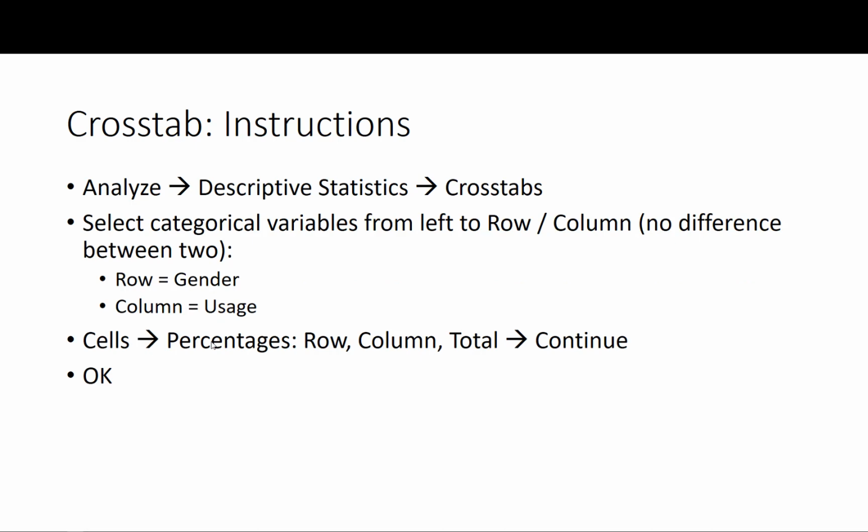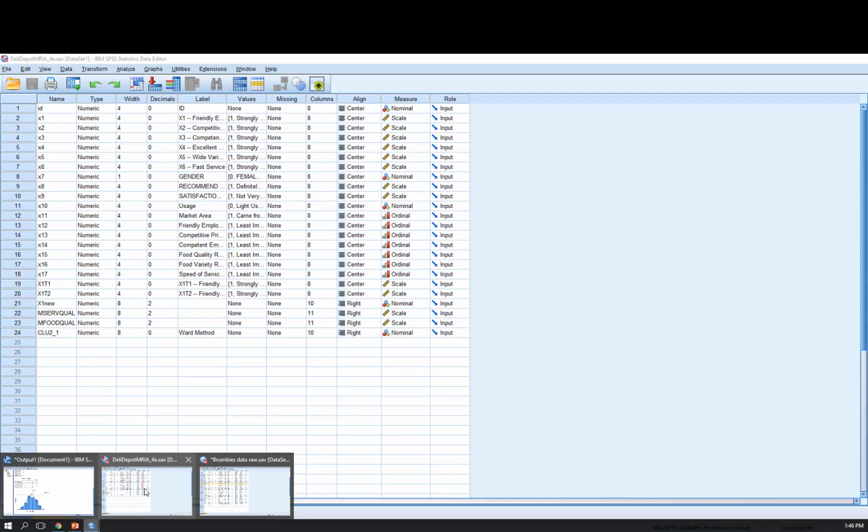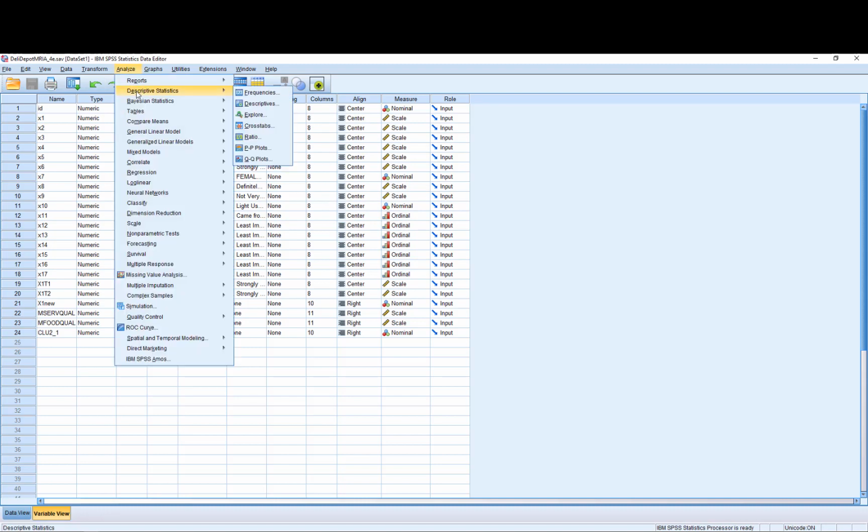So to run a crosstab, again, it's one of the descriptive statistics, and just be aware that it doesn't actually matter where you put your variable. It doesn't matter if I put gender as a column or usage as a row, that makes no difference in terms of the analysis. To show you what this looks like in SPSS, I go back to my Deli Depot data, I go to Analyze, Descriptive Statistics, Crosstabs.